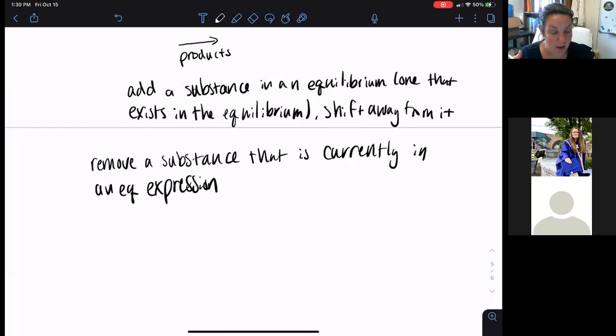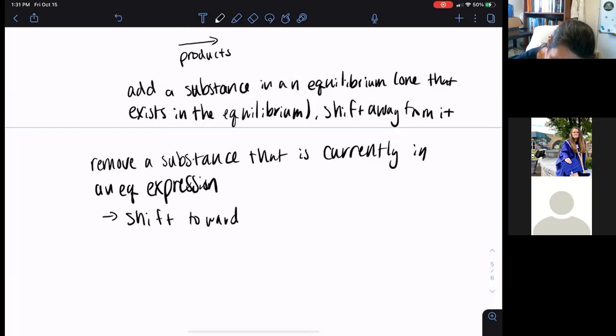So unless it actually affects concentration or partial pressure, adding or removing something that's not part of the equilibrium won't have any effect. So if you remove a substance that is currently in the equilibrium expression, you're going to shift towards that. Shift towards the substance.